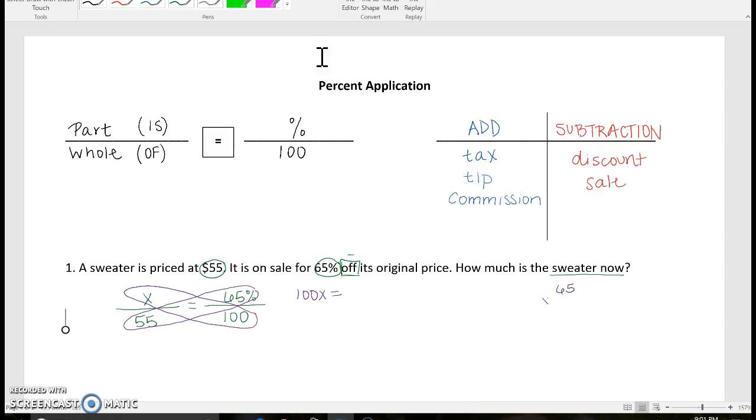So 65 times 55. 5 times 5 is 25. Then 6 times 5 is 30, plus 2 is 32. Put a 0. 5 times 5 is 25. 6 times 5 is 30, plus 2 is 32. Gotta add them up.